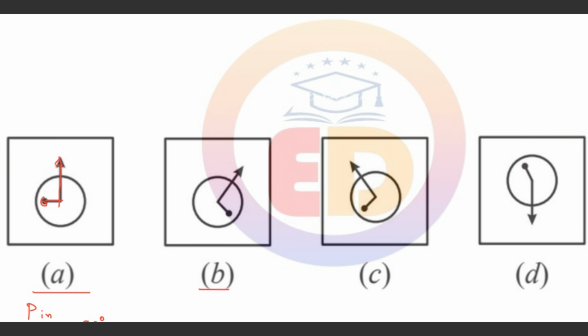In the second figure, again between the pin shape and the arrow shape, we can see that they make a 90 degree angle. In the third figure C, again the pin shape and the arrow shape, they form a 90 degree angle.